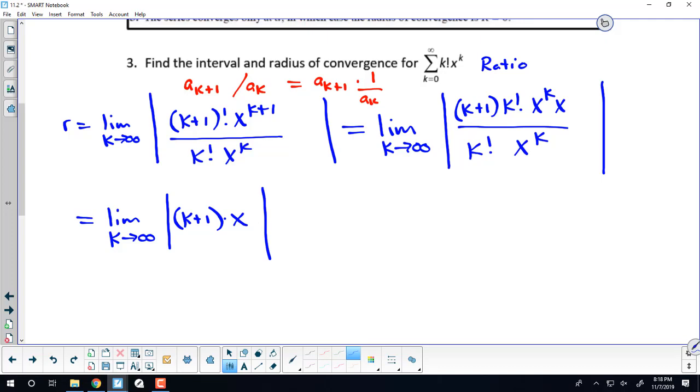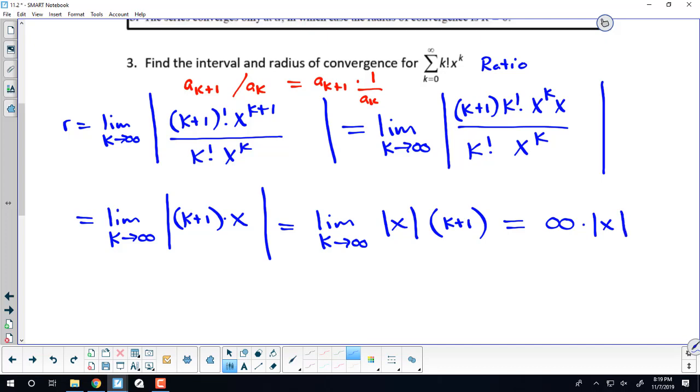We need to keep the absolute value around x, since it's one of those a terms. k plus 1 is fine, it's positive. So we see here that the limit turns out to be infinity for the k plus 1 part, times the absolute value of x. Again, for the time being, we're going to leave the absolute value of x in there because the limit didn't actually affect that absolute value of x.